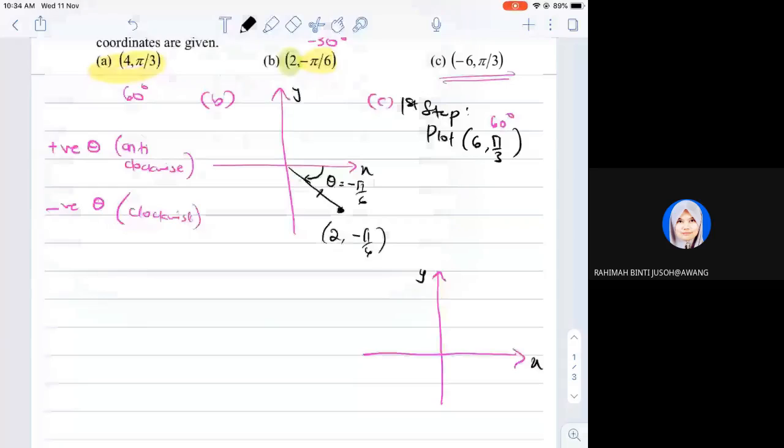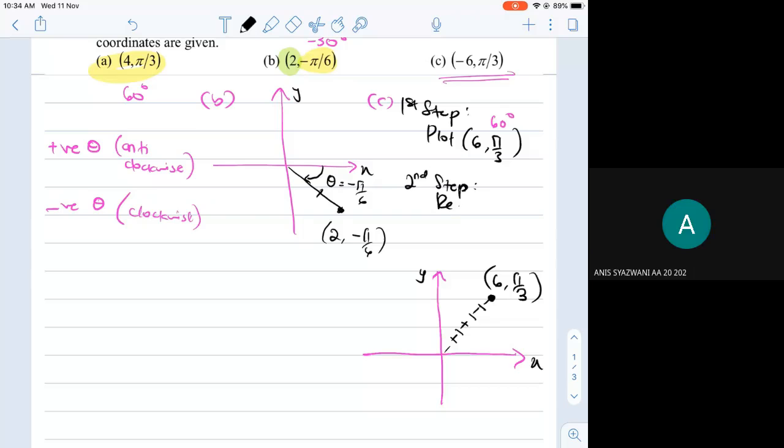So first quadrant should be located here. I terus buat dotted line sebab ini bukan titik kita. Kita just buat step by step. So pi over 3, and the length is 6, of course. So 1, 2, 3, 4, 5, 6. The length of the radius should be 6. Second step, what you should do for this question is reflect it.